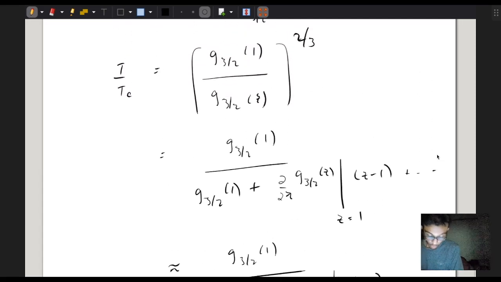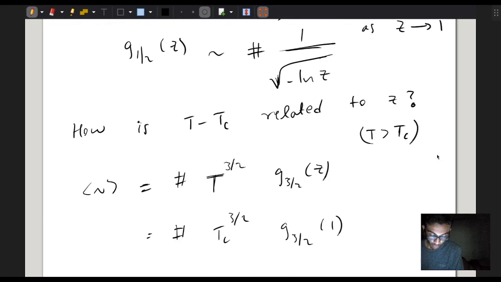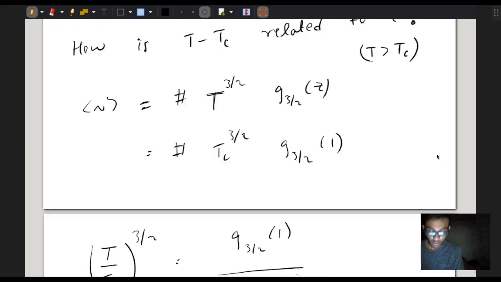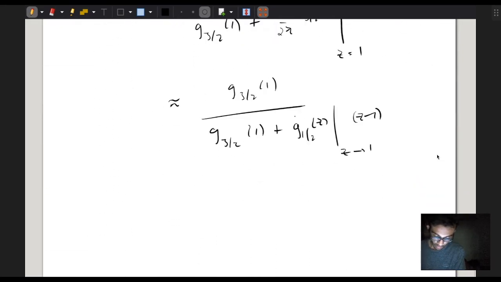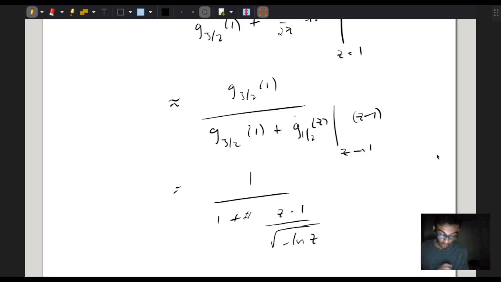Yeah, so now we can use what we have here, that g1 by 2 goes as 1 by square root of minus log z. Yeah, so finally this is what we have.